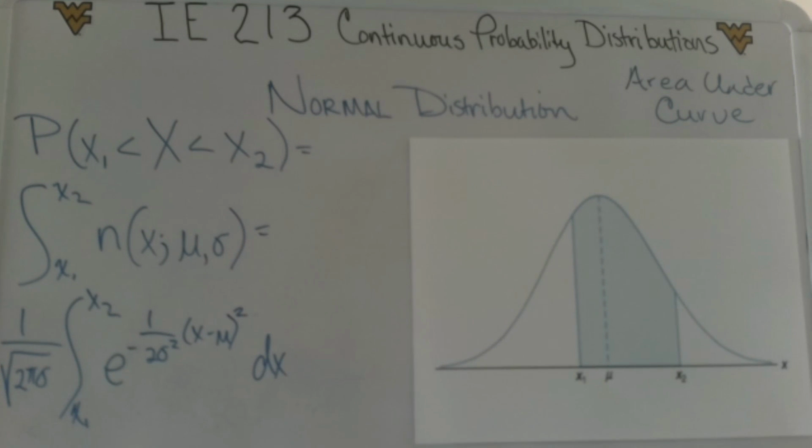Fortunately, we are able to transform all the observations of any normal random variable x into a new set of observations of a normal random variable z with mean 0 and variance 1. And this can be done by means of the transformation.